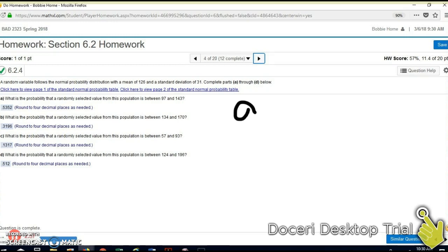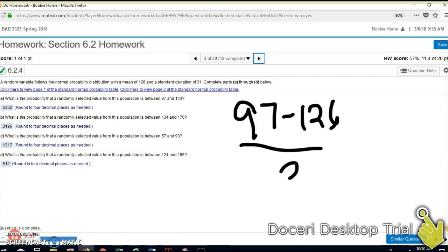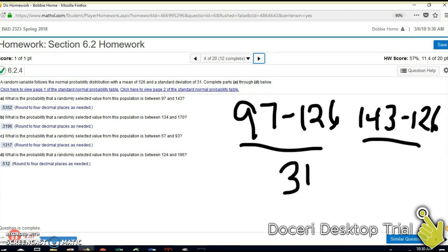This number right here will be different, but the 126 and the 31 will still be there. And then you had 143 minus 126 over 31.